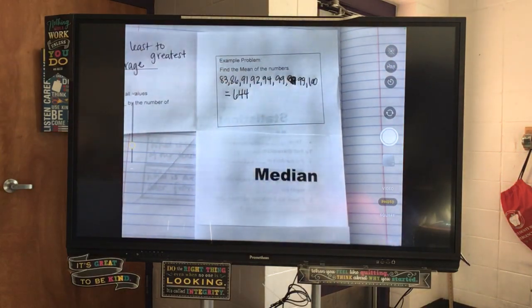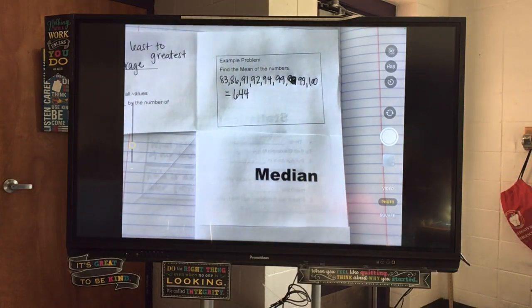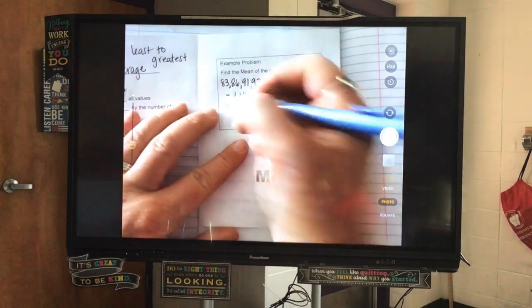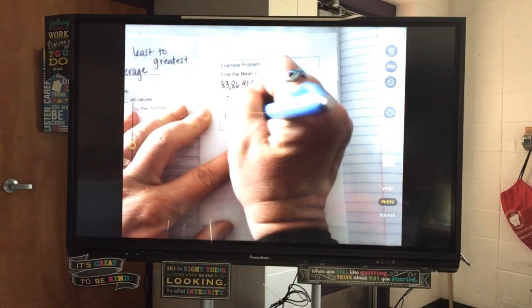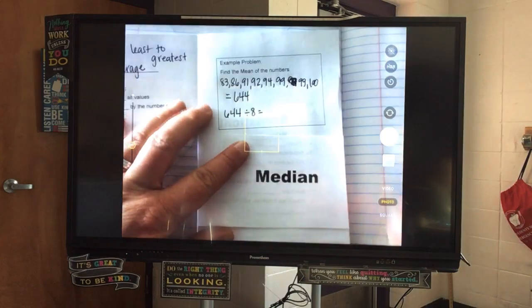Okay, so we've added them up and we've gotten our total value. How many numbers are in our data set? So count and raise your hand. Callie? 8. So you are then going to take and do 644 divided by 8.